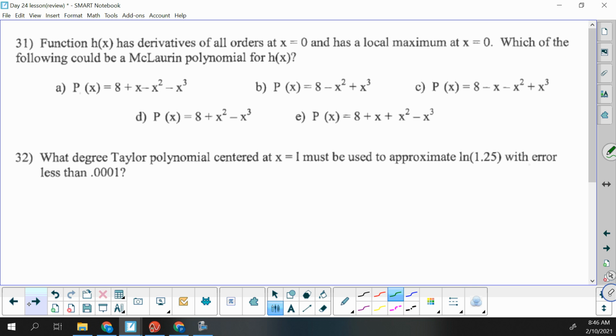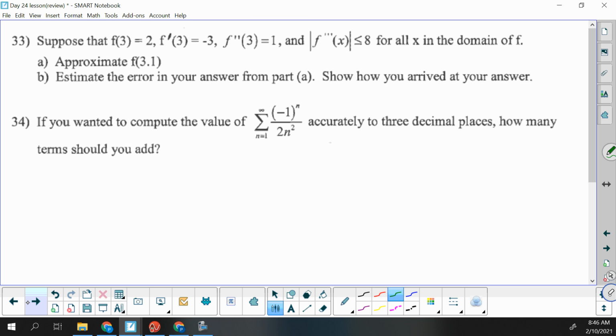So going back to 33, first off, we want to approximate f of 3.1. The best we can do for that is our second degree Taylor polynomial, because we only know up to the second derivative.